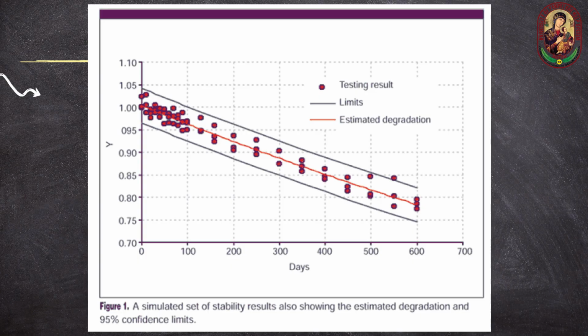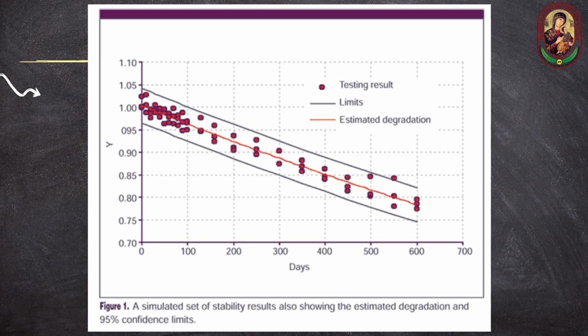The black boundary lines are called the 95% confidence limits, meaning we are 95% sure that the real values of degradation will fall within this range. When the degradation line drops to 0.90 or 90% of the initial concentration, that point on the x-axis, measured in days, becomes the shelf life, T90, of the product.